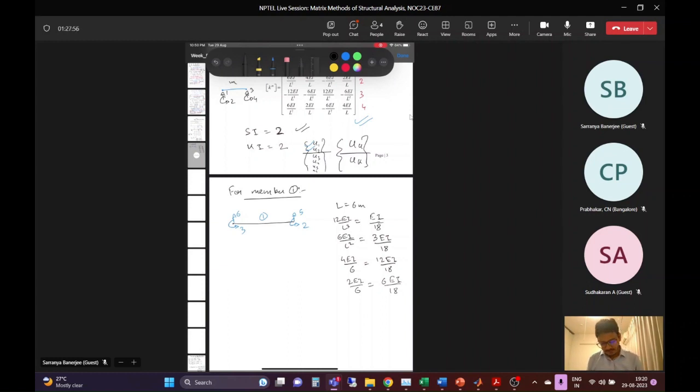What is the stiffness matrix for the first element? First we will write EI by 18 outside. We have taken that outside. Please check the stiffness matrix and comment if I am doing anything wrong.